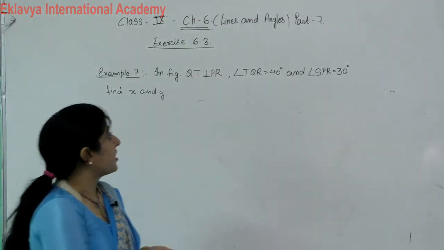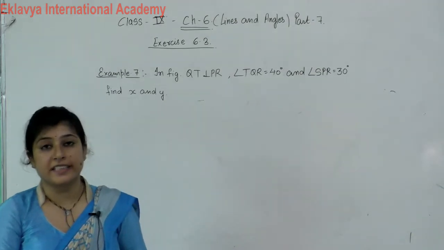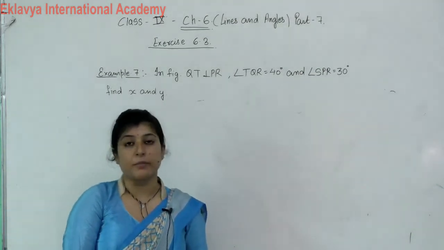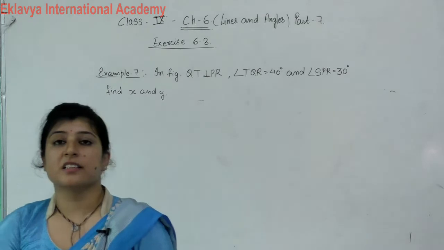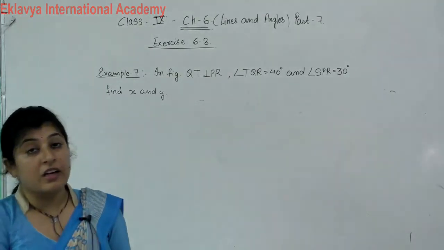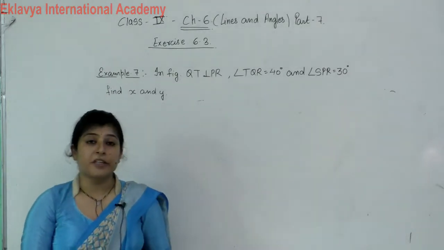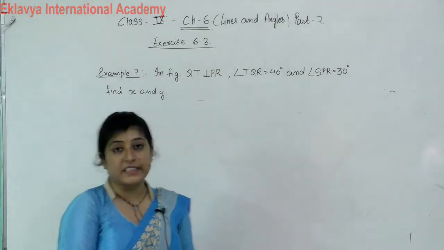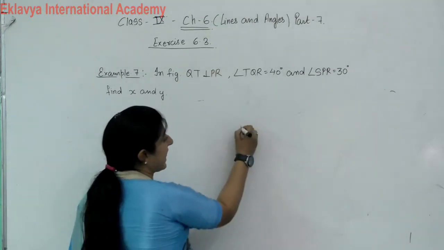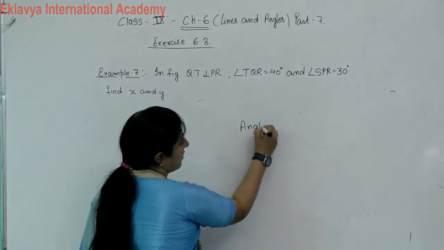We will start our exercise 6.3. Till now we already completed exercise 6.2. In exercise 6.3 there are two basic things. First one is the angle sum property of a triangle.